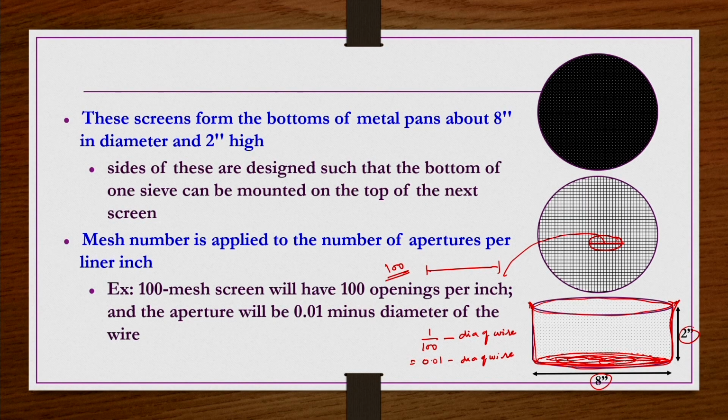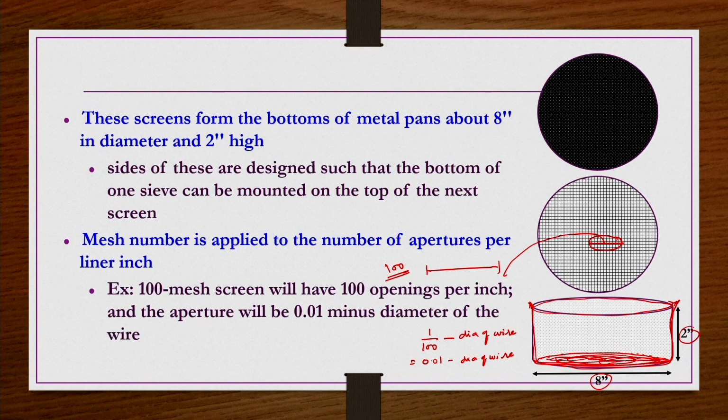So, the screens are in general designated by the mesh number or by the screen openings. We can call them, let us say, 3 by 4 inch screen opening, or 1 by 2 inch screen, or 1 by 16 inch screen.